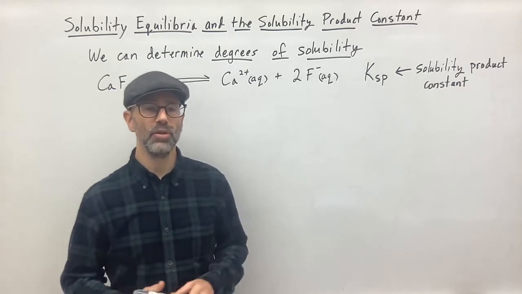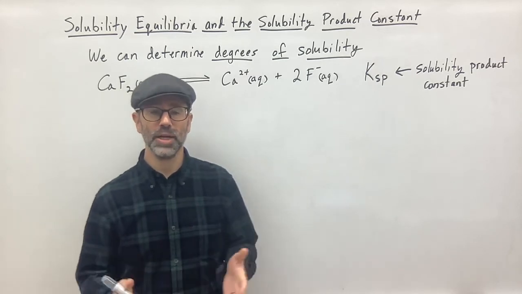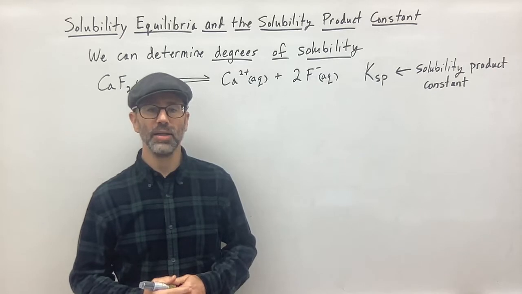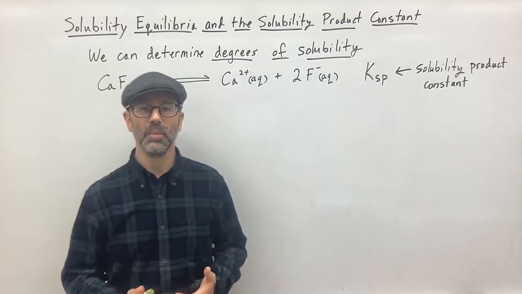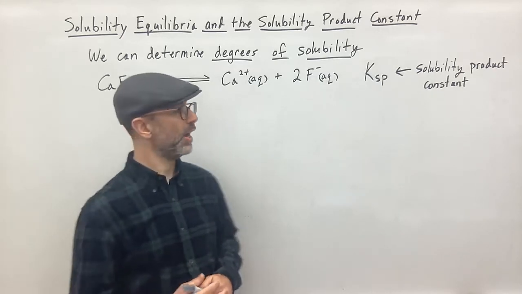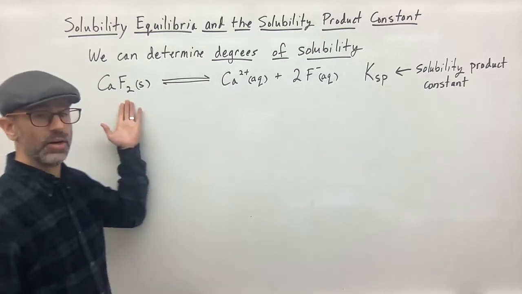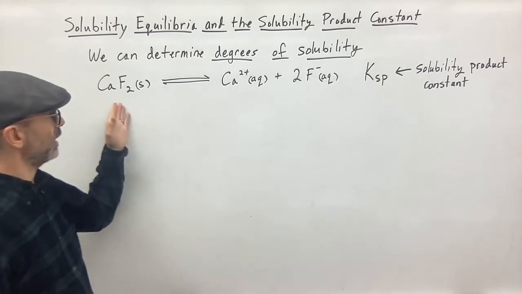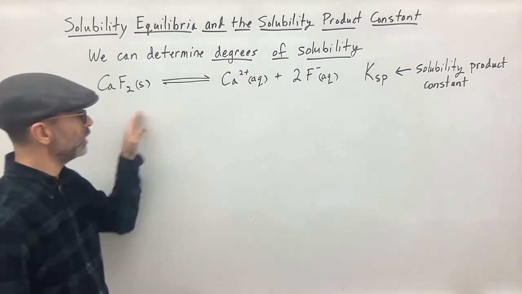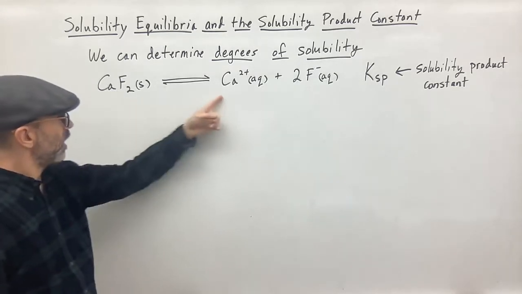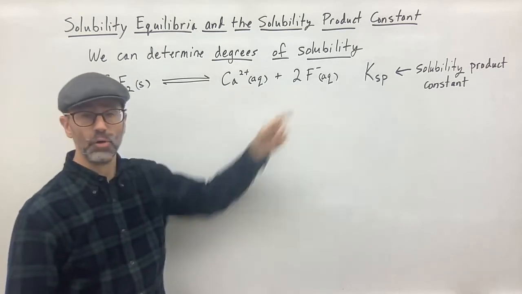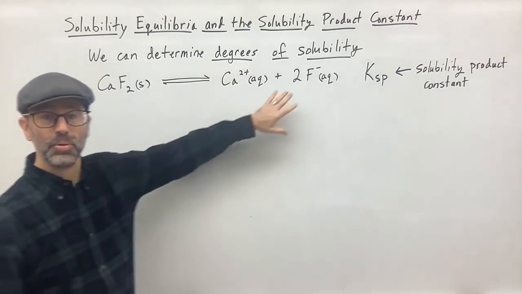Well, we can treat solubility, or the dissolving of a solid, as an equilibrium process. Here I have an example. I have calcium fluoride, a solid, and it's going to dissolve in water. I have some calcium ions and some fluoride ions on the product side.